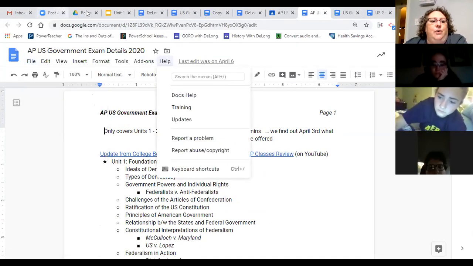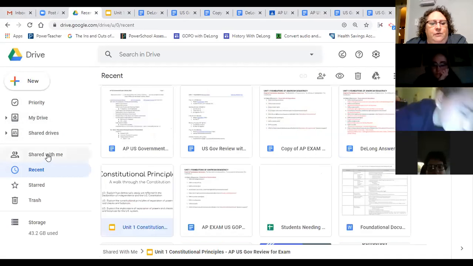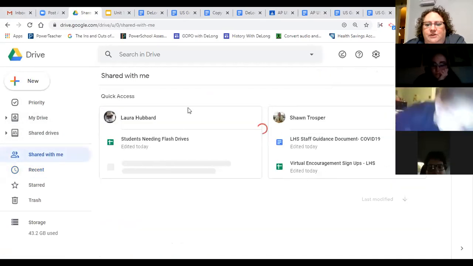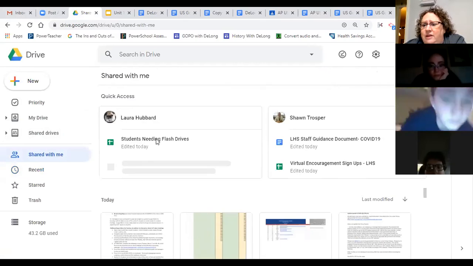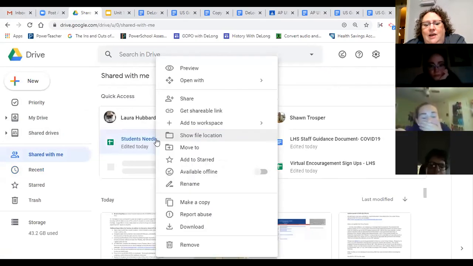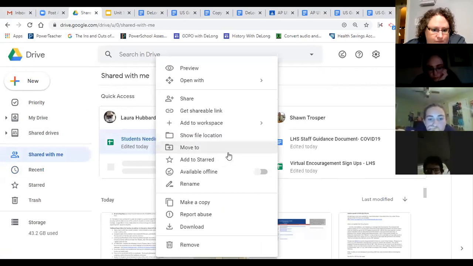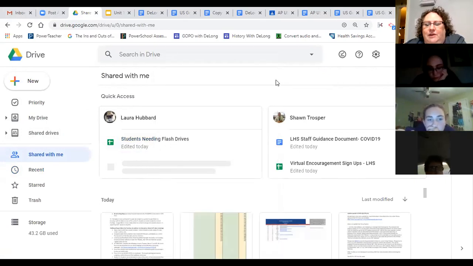Let me show you something really quick, something that's shared with me. This document here is not in my drive, but I can right-click on it and add it to my drive. For example, we were doing USB uploads today, and there was a folder that Dr. Trosper created, and it wasn't in my drive.